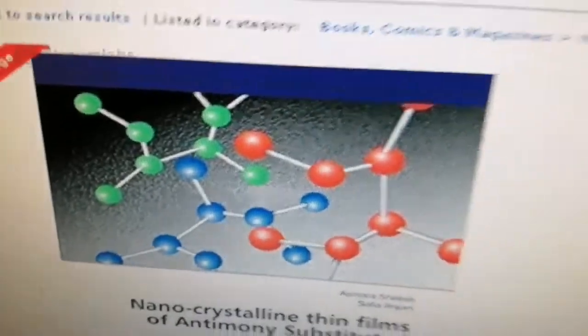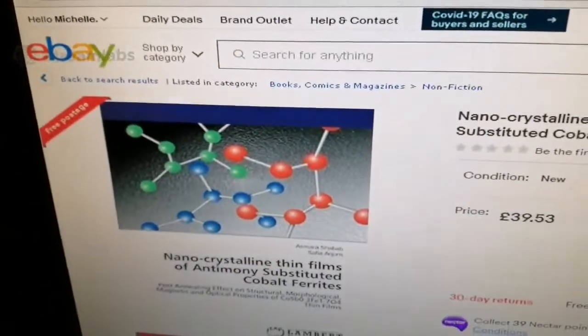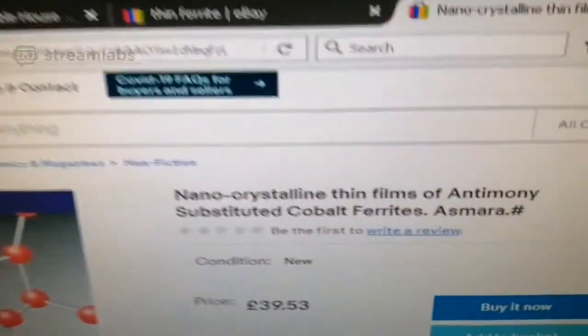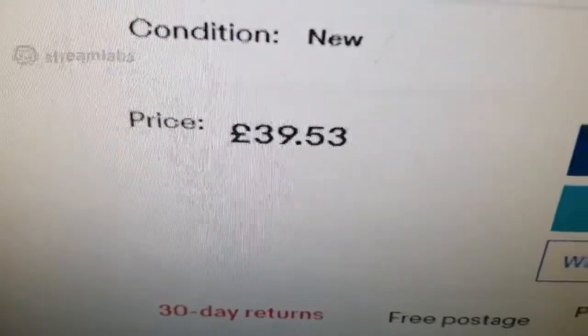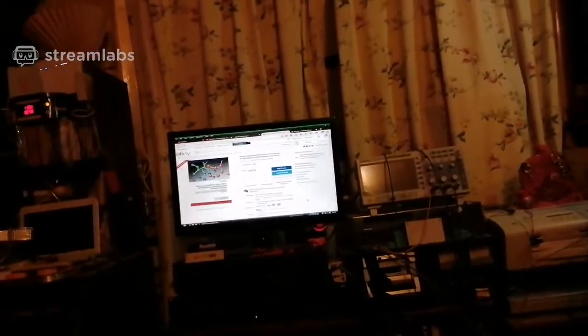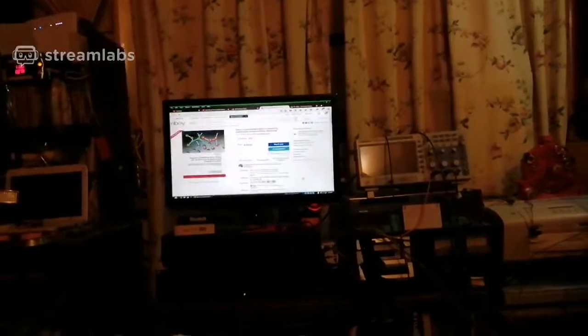If you see that icon, you found it. But the price is very expensive, as I thought it would be. The nanocrystalline material is very useful. It's about 0.1 millimeter.